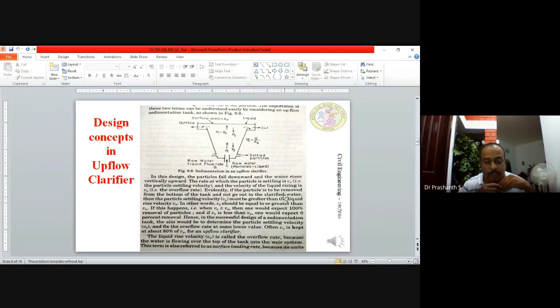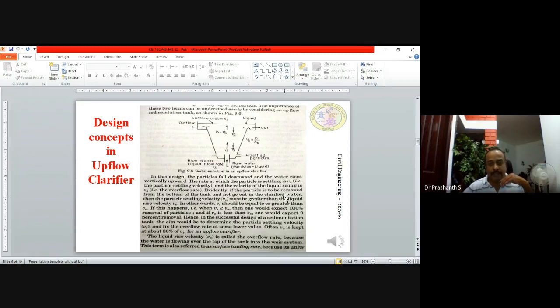The water is flowing from the bottom, raw water, and it is moving in the upward direction. So, when the water to be treated is going in the upward direction, it is carrying suspended solid impurities. Our main intention is to remove the suspended impurities inside the sedimentation tank.